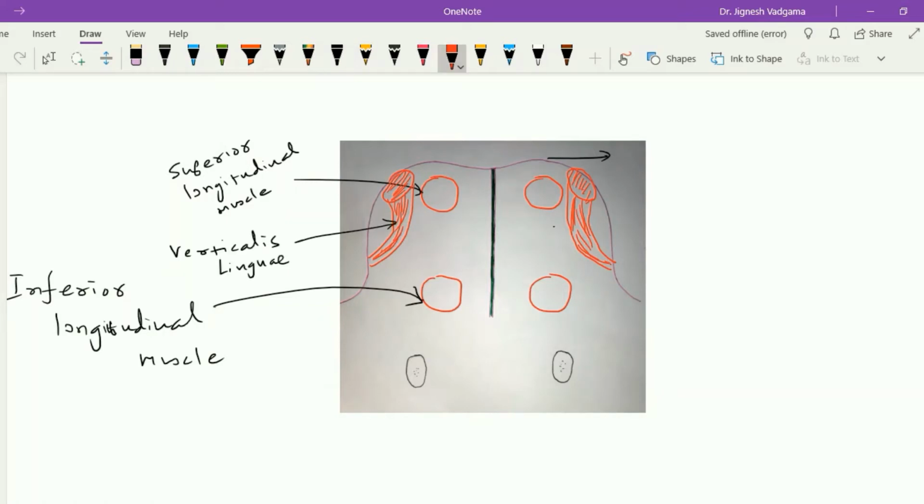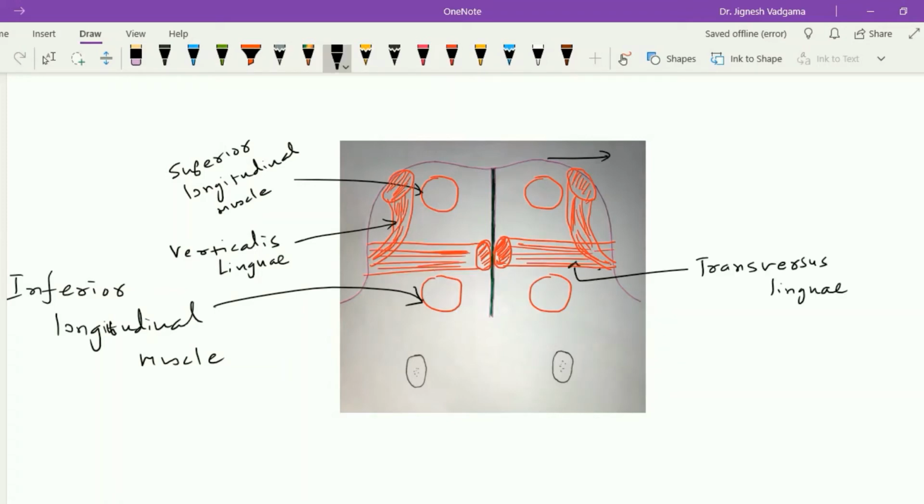And the last intrinsic muscle of the tongue is the transversus linguae muscle. It arises from the side of the median fibrous septum, and after getting origin from this median fibrous septum, it runs along with the genioglossus muscle and inserts over the side of the tongue. When this muscle contracts, it decreases the width of the tongue and increases the length of the tongue.